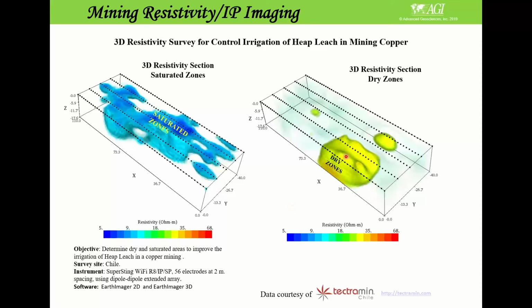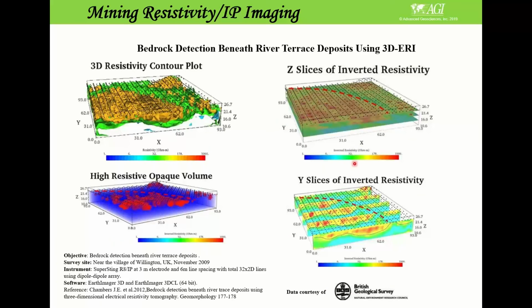This shows a typical 3D highlighting exactly where the dry zone locations are, pinpointing all these dry zones, and then it will be easy to just drill maybe over here, inject more liquid in the area, and get this information. The next one is typically non-metallic mining investigation case studies. I will show you in here.